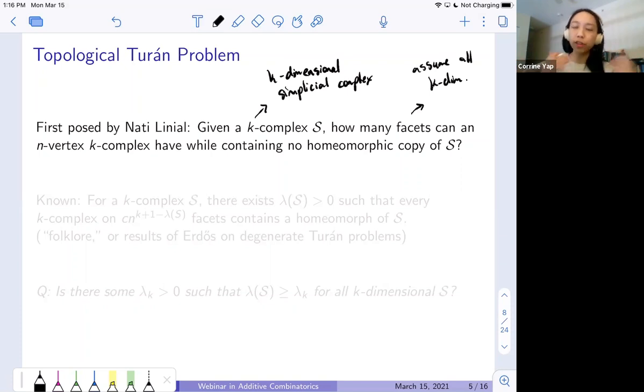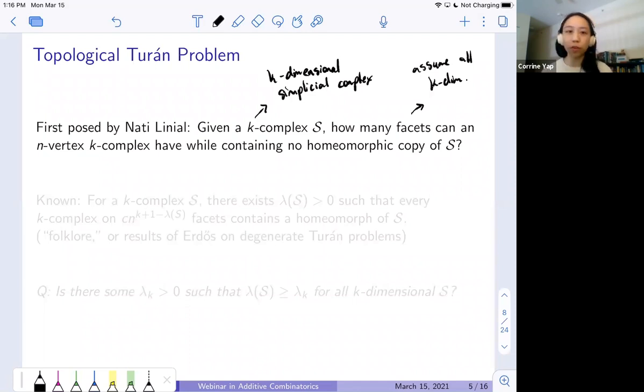All our edges in our hypergraphs have the same size, so all of our facets should have the same dimension here. So how many facets can an n-vertex K-complex have while containing no homeomorph of S? This is the Turán problem that I am considering.